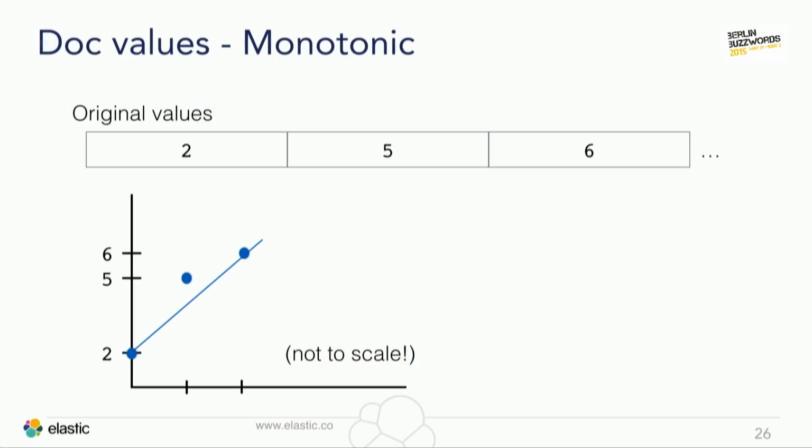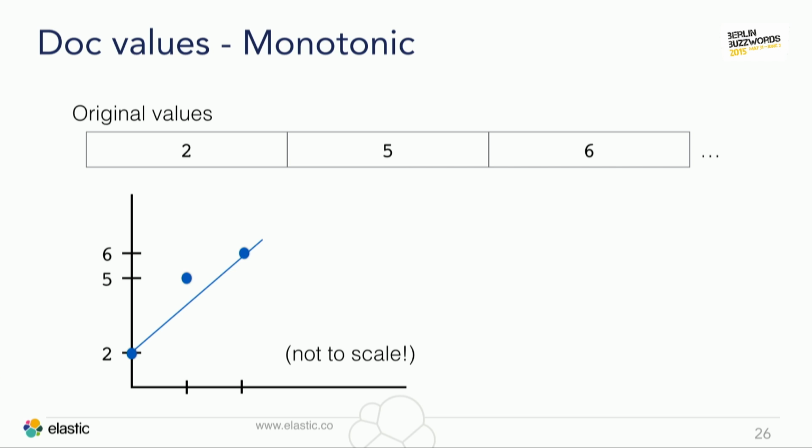And what we can do is fit, in this case, a linear model to the growth. And then we can just encode the difference from the model. Here we can see that our first two values, the ones we fit the model to, fall right on it. So all we need to encode is a 0 for those.